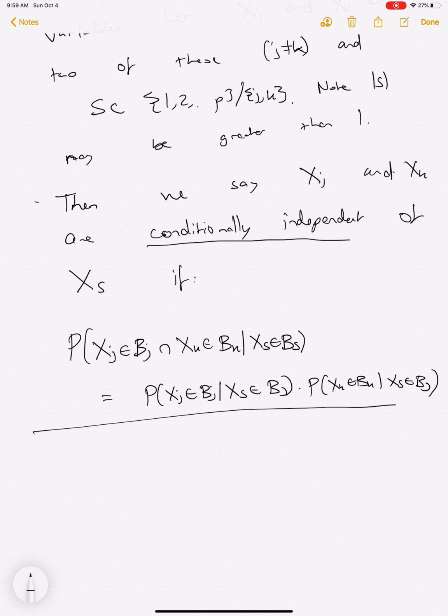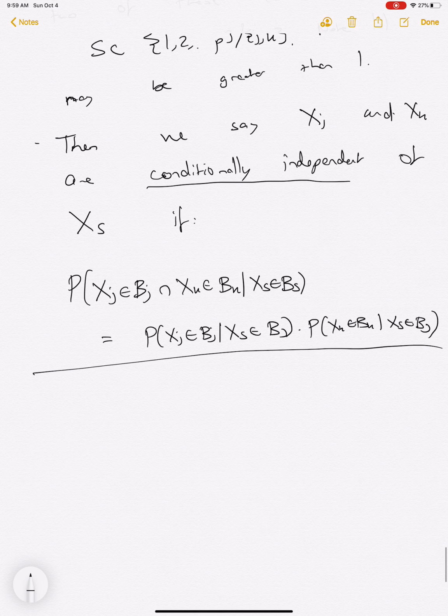And you're never ever going to use this definition, so you don't really need to worry about applying it. Unless you have very simple cases with only a few outcomes, this is very difficult to actually verify.